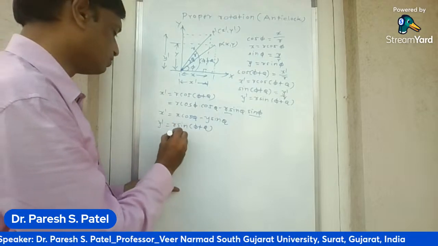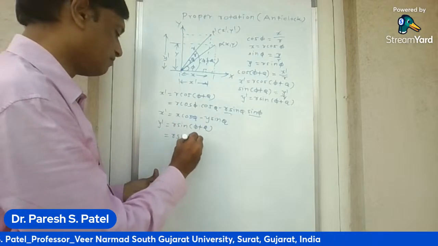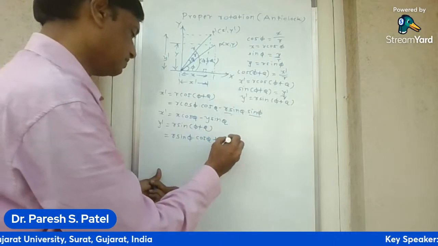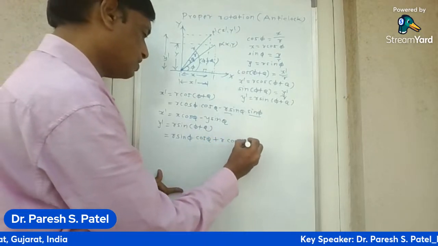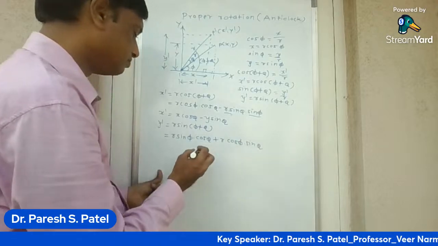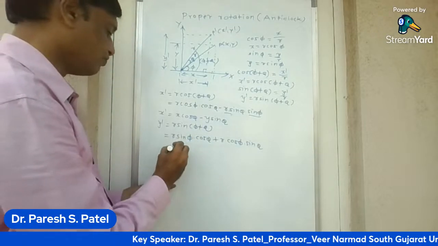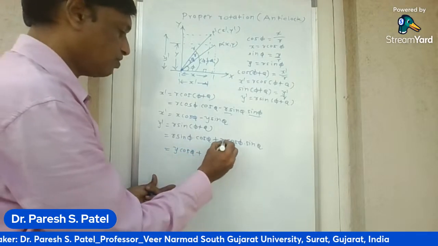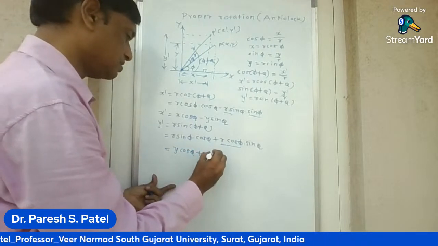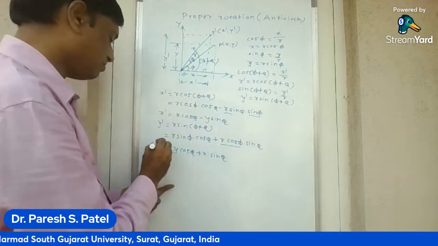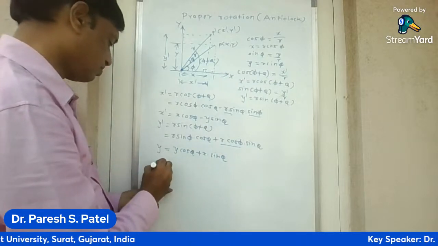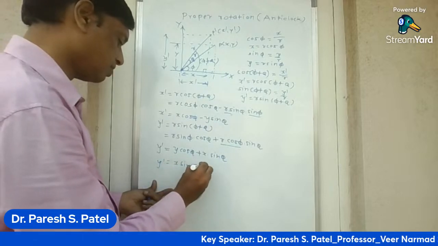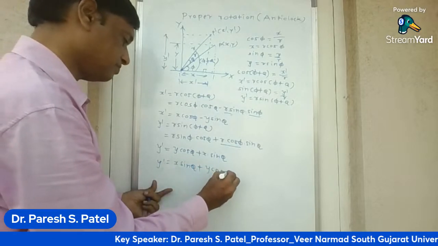So it is equal to r sin phi cos theta plus r cos phi sin theta, which is y cos theta plus x sin theta. Or we can write it as y dash is equal to x sin theta plus y cos theta.